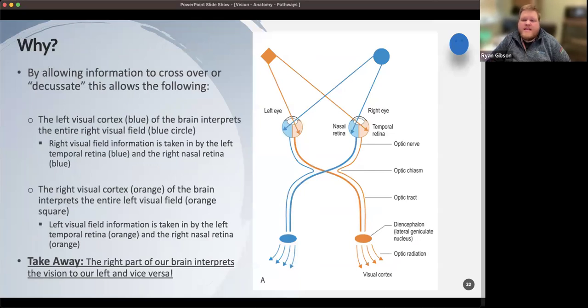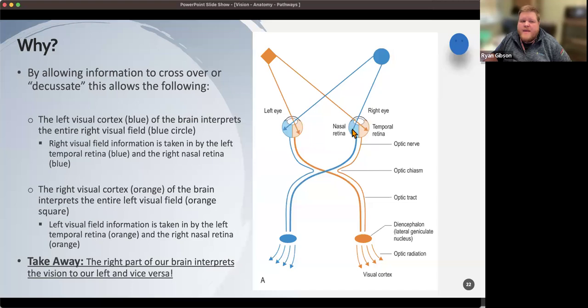So let's view this in a different light. See, light, vision, cool. All right, so look at my blue circle. If this is a dog, 75% of this is responsible for being seen by the nasal retina of the right eye, i.e. the medial retina of my right eye.